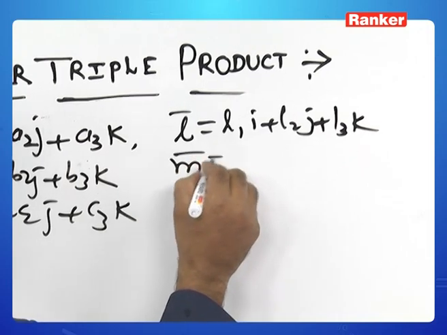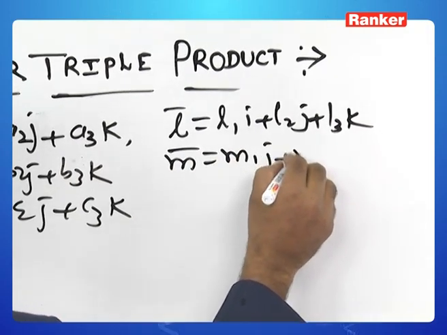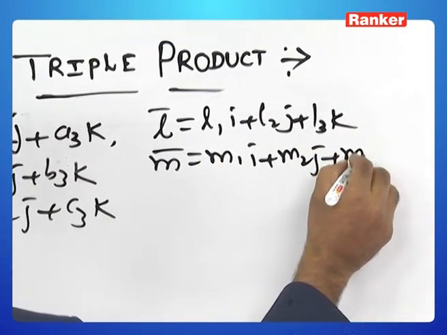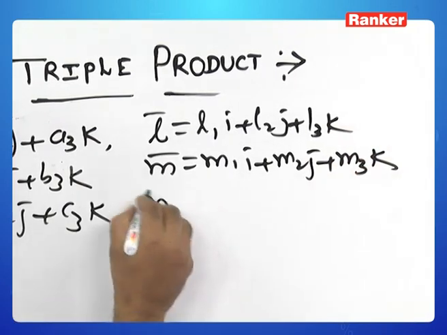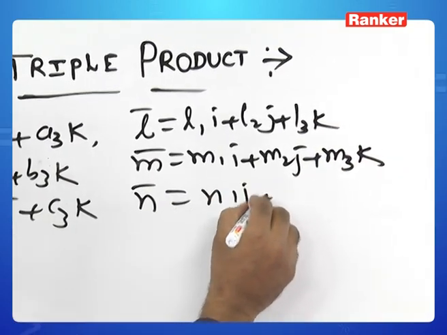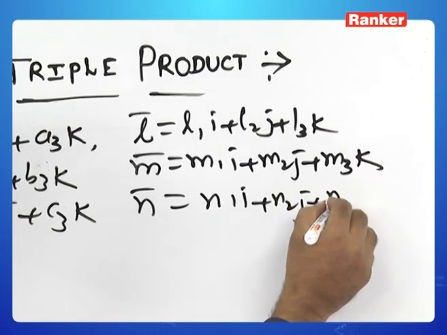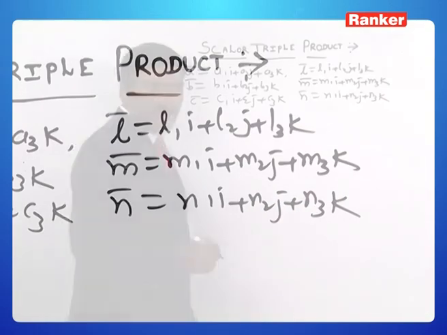Next, M bar is equal to M1 i plus M2 j plus M3 k. N bar is equal to N1 i plus N2 j plus N3 k, right?